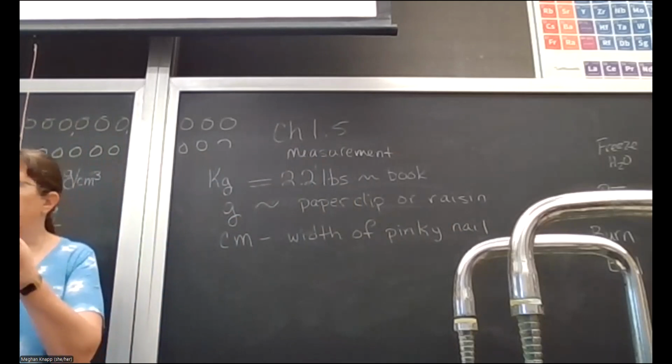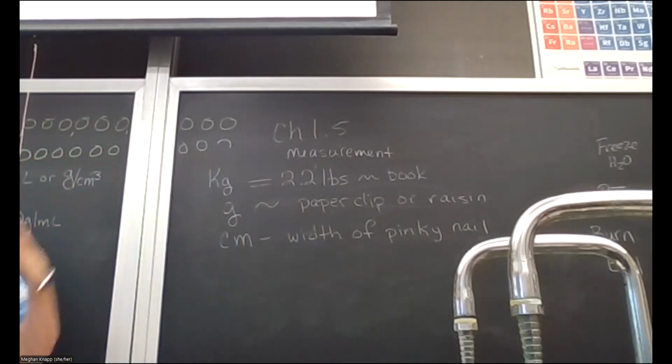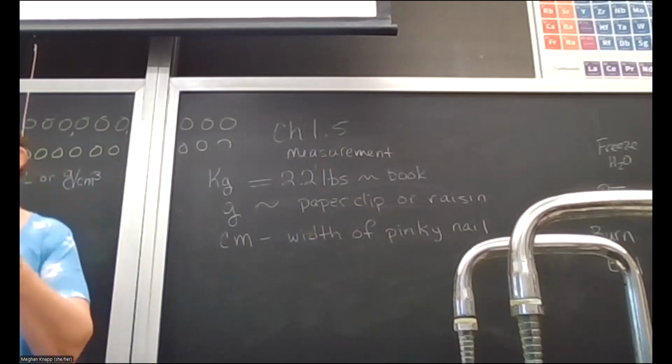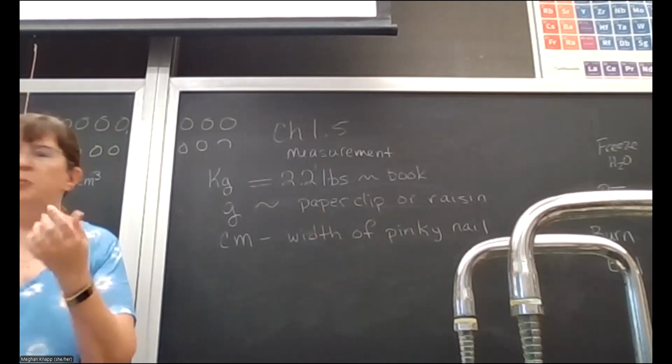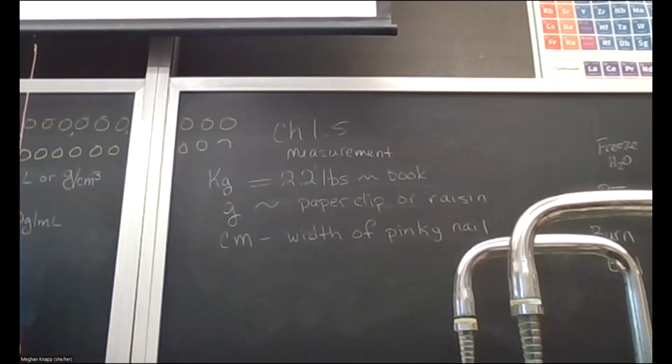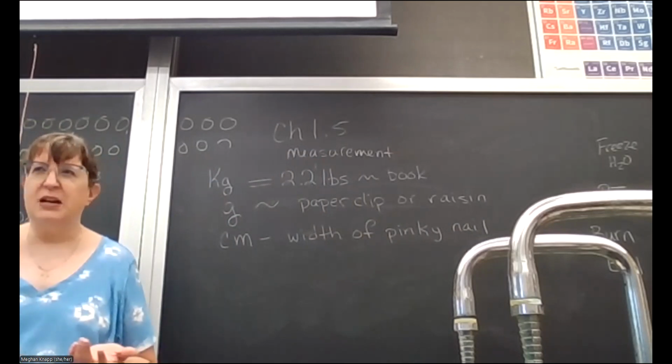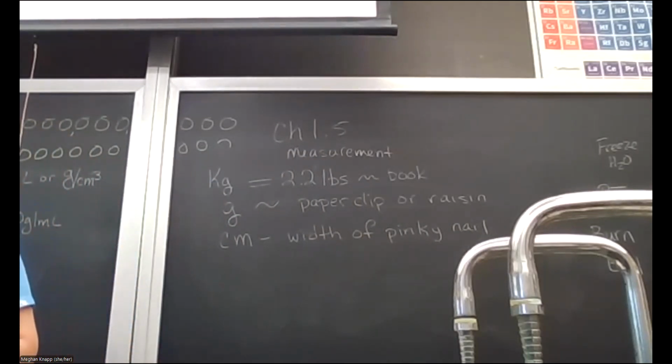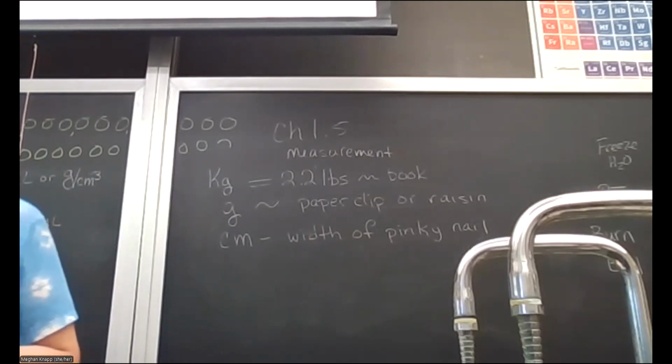If you're somebody who exercises your pinkies a lot and have big muscles in there, maybe it's a little bigger than that, but it's about the ballpark. So if I were going to estimate how big a quarter was, I might say 2 seems reasonable. 3 probably is a bit much for the number of centimeters of a quarter, but definitely not 20 centimeters. That would be way too much.